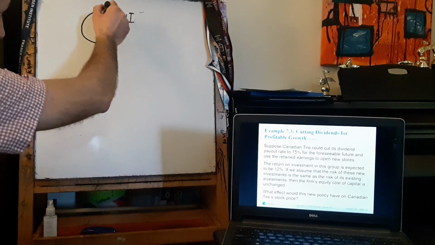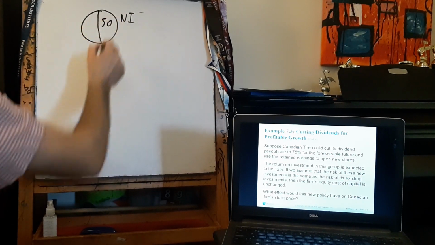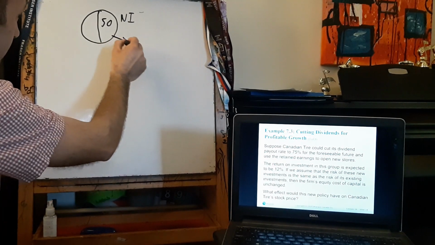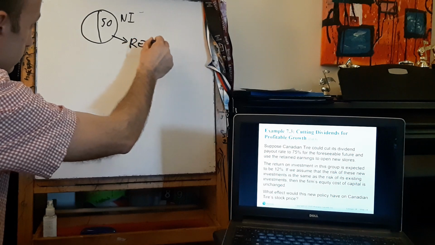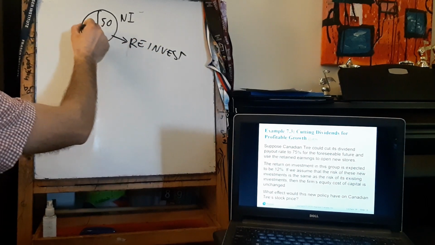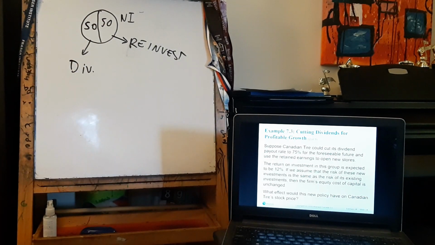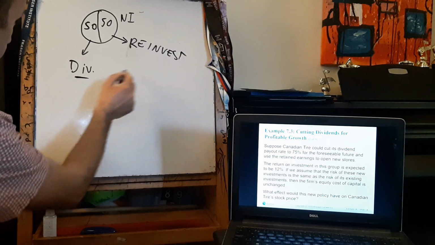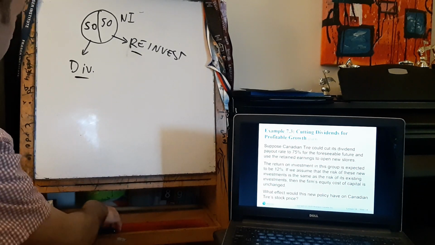Now, we could, for example, split it this way and say 50% of net income goes for reinvestment, and then let's say 50% goes to dividends. Or we can split it any other way, but the main thing is that income will be divided between these two activities.